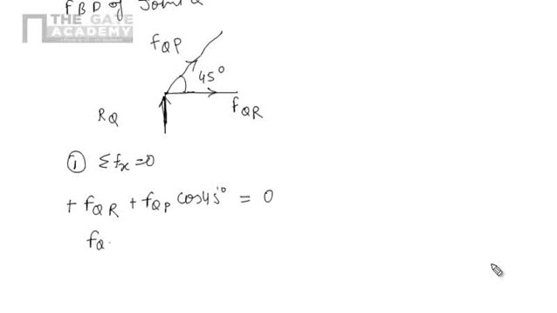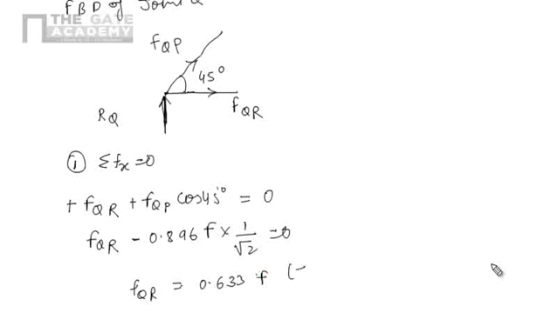So that is FQR, and we can put the value of FPQ, that is nothing but 0.896 F, and cos 45 will be 1 by root 2. If we simplify it, we will get 0.633 F, and it is coming positive, so the nature will be tensile. By this way we can easily find the force in member QR, that is nothing but 0.633 F, and the nature is tensile.